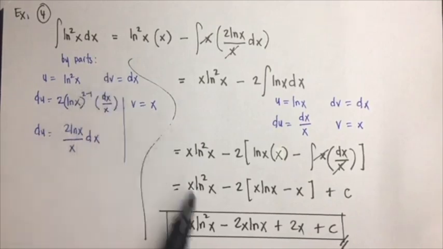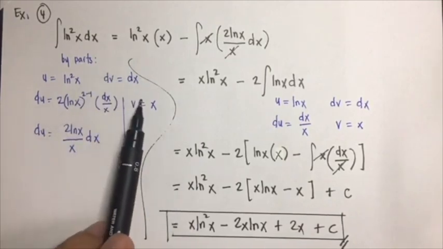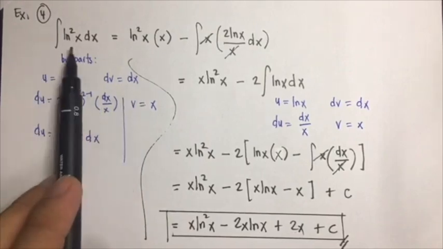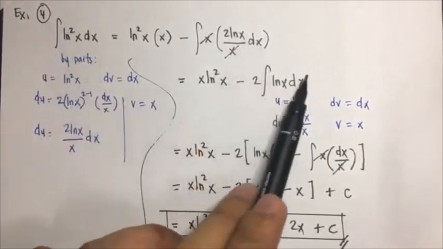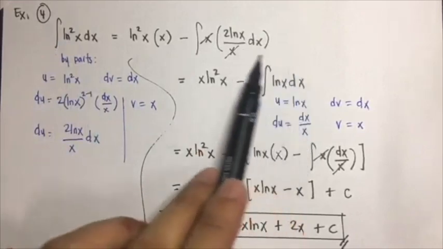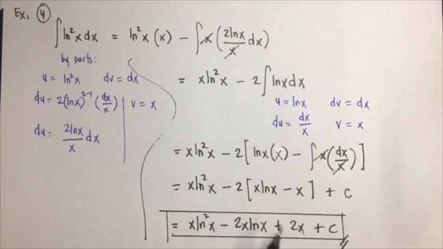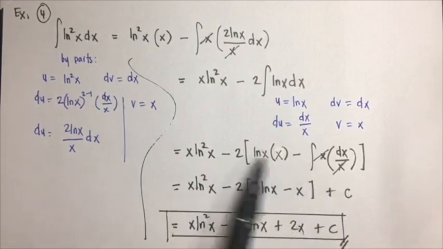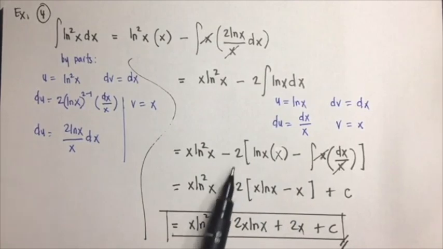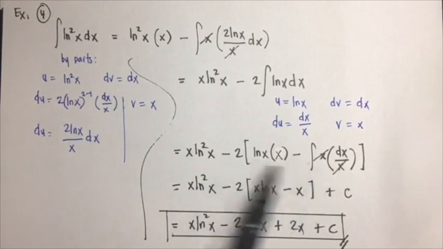In our problem, we applied integration by parts twice: first here, and then the second part in here. That is still okay, as long as you group them so that the numerical coefficient can be properly distributed.